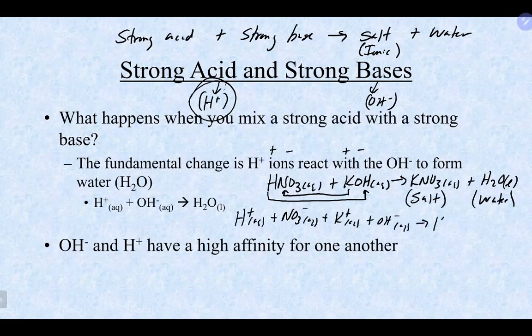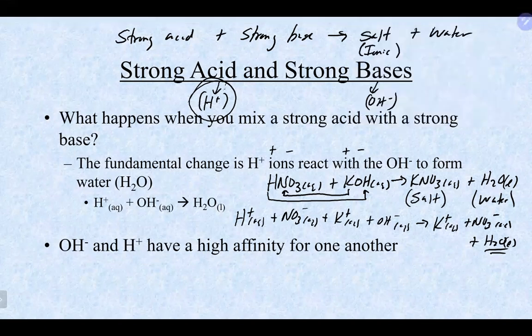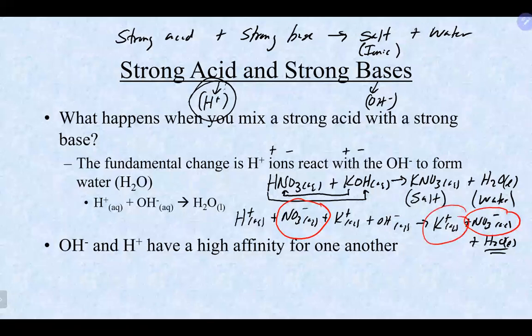On the other side, our K plus and our NO3 minus will break apart. And once again here, because water is a liquid, it will stay together. So this gives us our spectator ions like we saw previously. In this particular case, it is the nitrate on both sides and the potassium on both sides. Those guys will cancel out, and it will give us our net ionic equation.